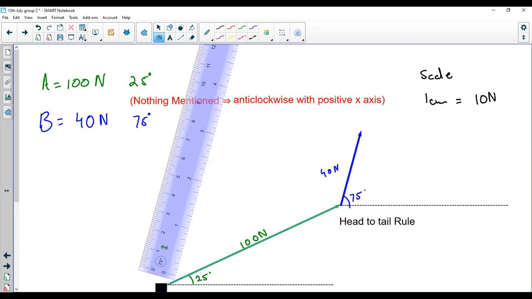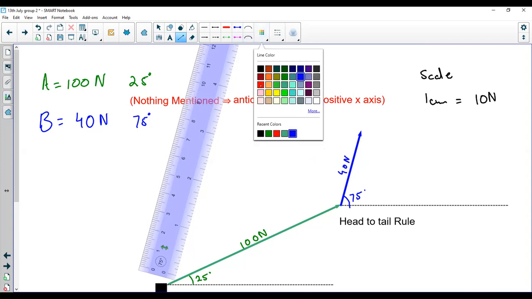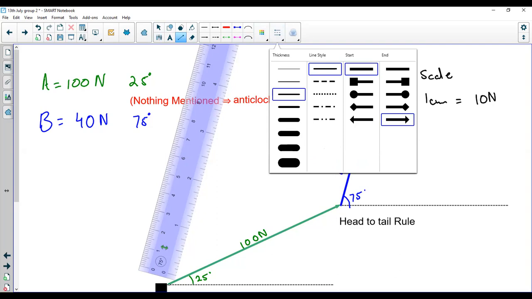So how can we get the resultant? Just measure the length from start till end. By using the head to tail rule, we can measure this length from the start till end. So first we draw the resultant by joining the tail of the first vector with the head of the last.